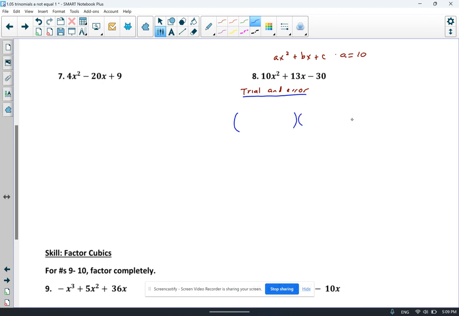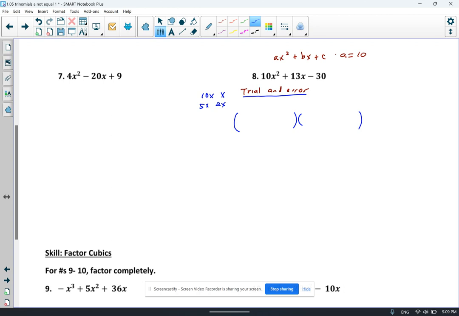So we set up two parentheses, and we think of factors of 10x squared. It can either be 10x and x, or 5x and 2x. With the first term, you don't switch, so you don't look at the other option of x and 10x, 2x and 5x.